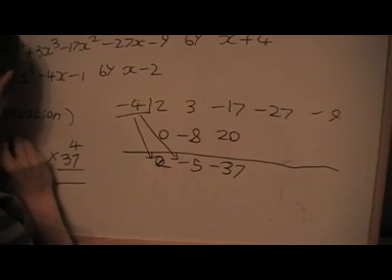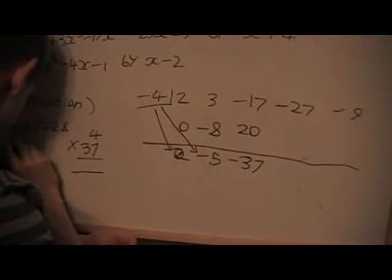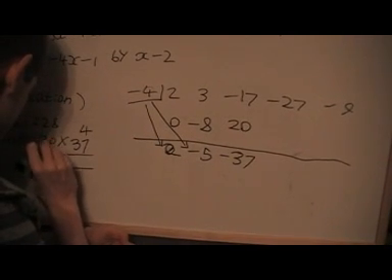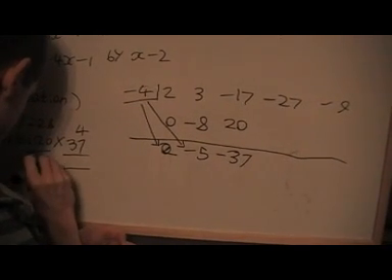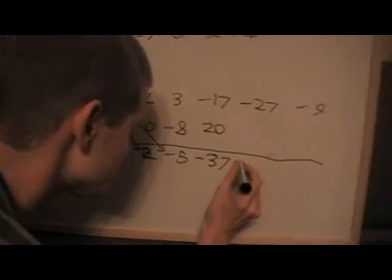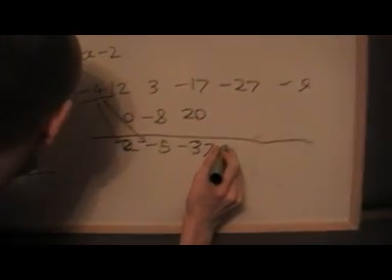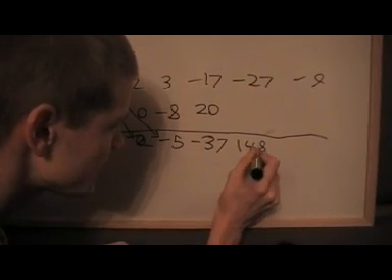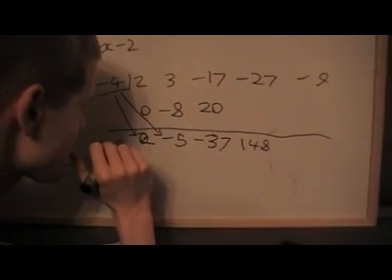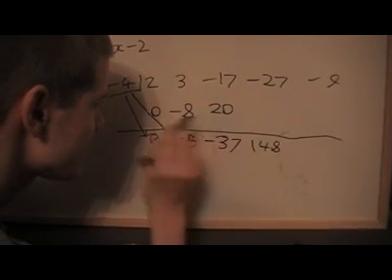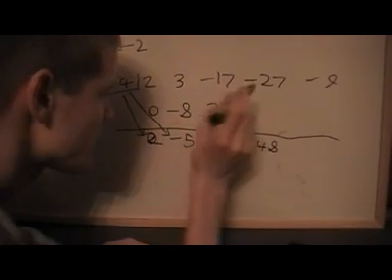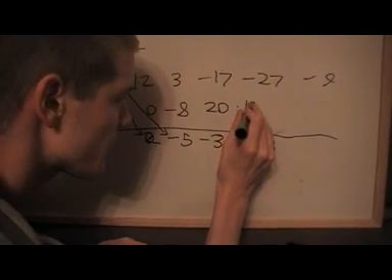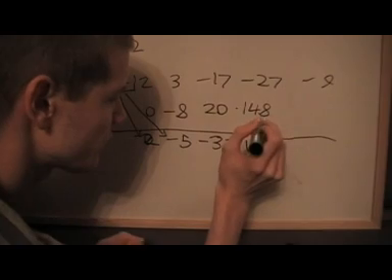So 7 is 28, 30, 120, 48. So that's 148 there, I think. This is a very hard problem here. Really, you should not do it this way, but I have no choice here.